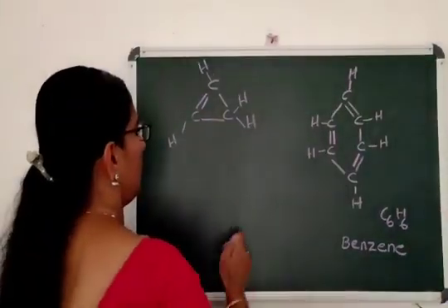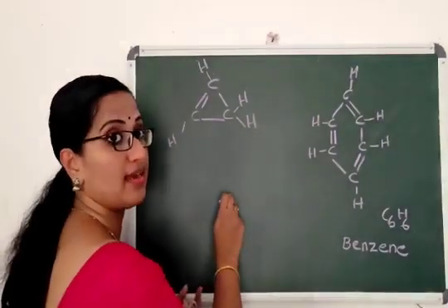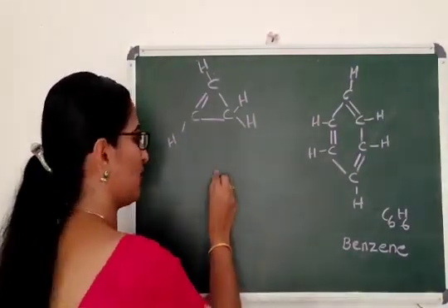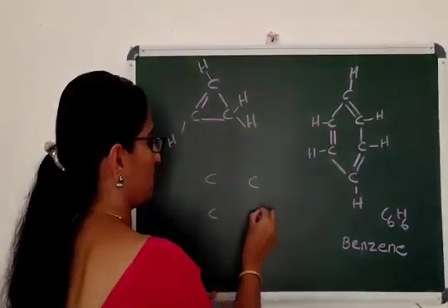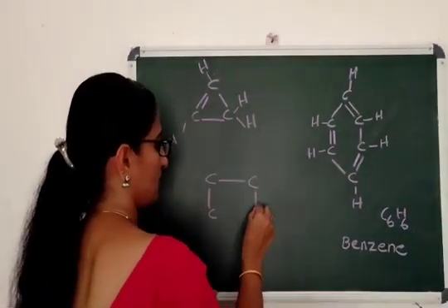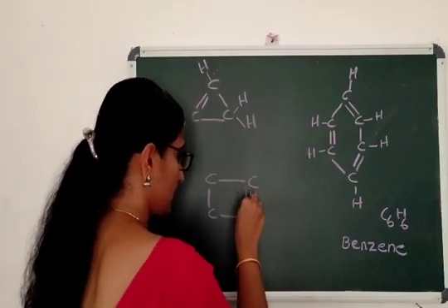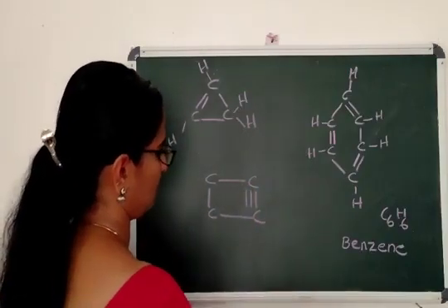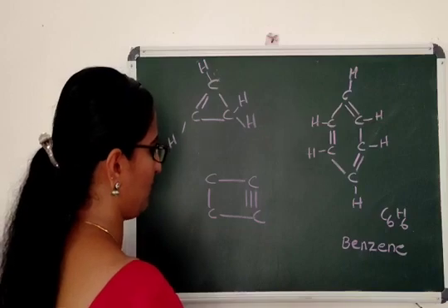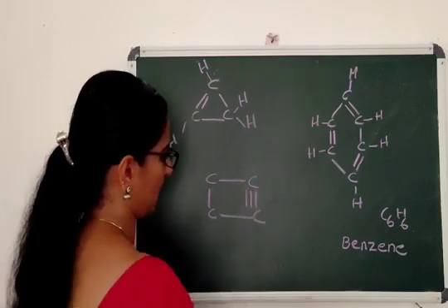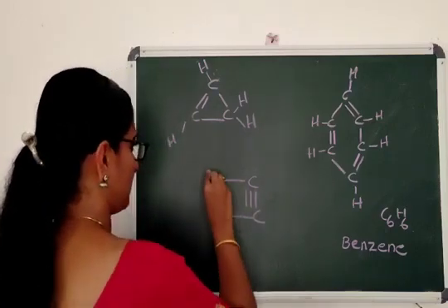How will you draw a cyclic compound with a triple bond? The 4 carbon atoms should be closed in a ring. Somewhere you have to draw the triple bond. Here you need not put any hydrogen because the valencies are already satisfied.